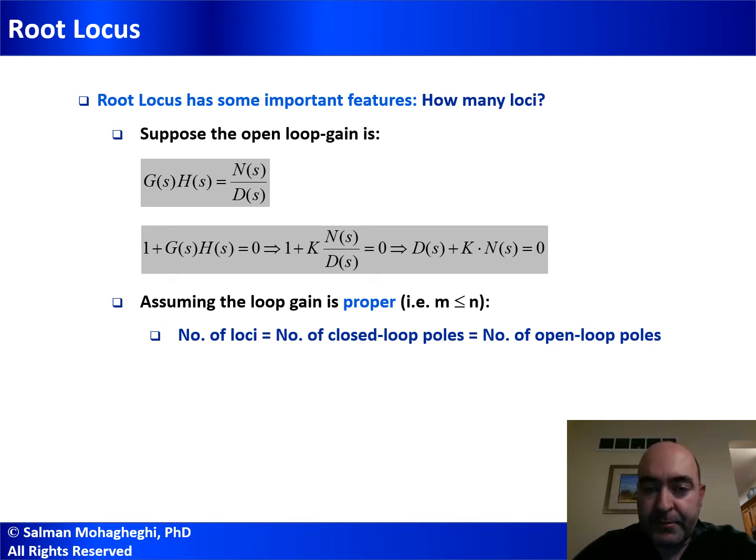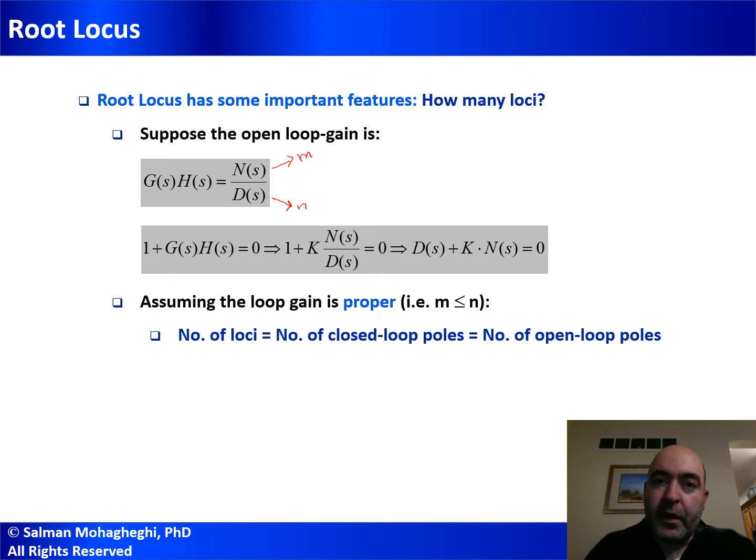One of the most important ones, perhaps, is how many loci or how many branches do I have? In order to answer that question, let's go back to the notion of open loop gain. Imagine I have an open loop gain G times H, which in a generic form I show as N of s, the numerator, divided by D of s, the denominator. Let's say the numerator is a polynomial of order m and the denominator is a polynomial of order n.